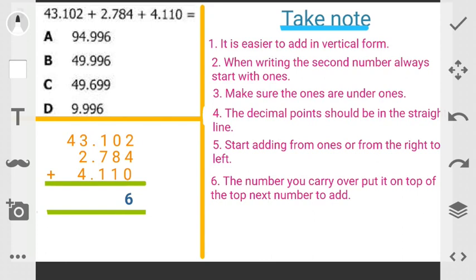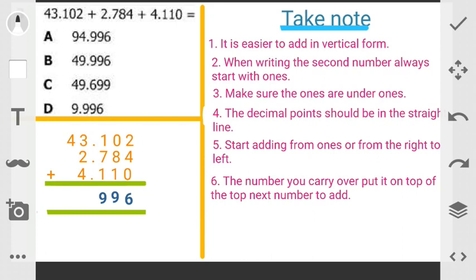Let's hope you have got the answer. 0 plus 8 plus 1 is equal to 9. Then we come to the next column, 1 plus 7 plus 1. What is the answer you have got? The correct answer is 9.